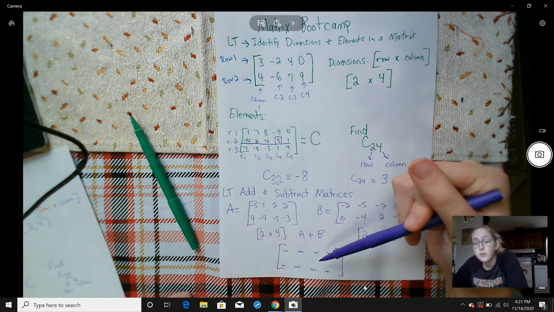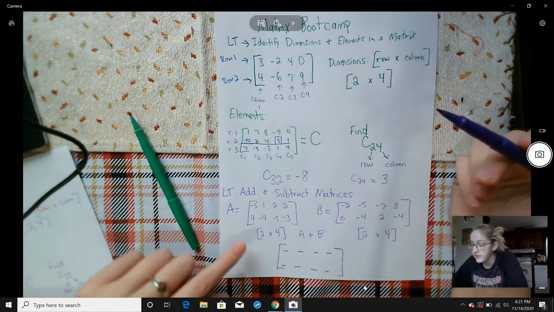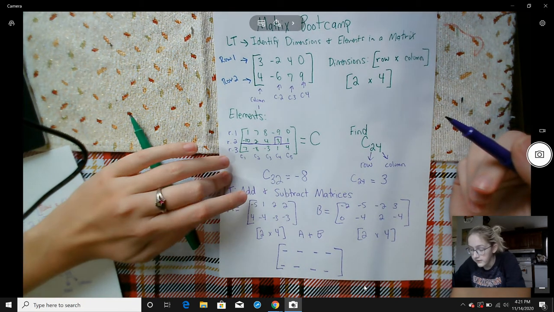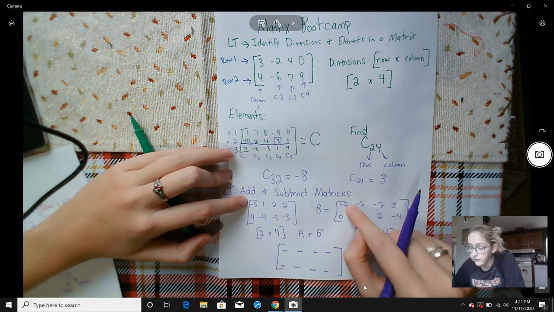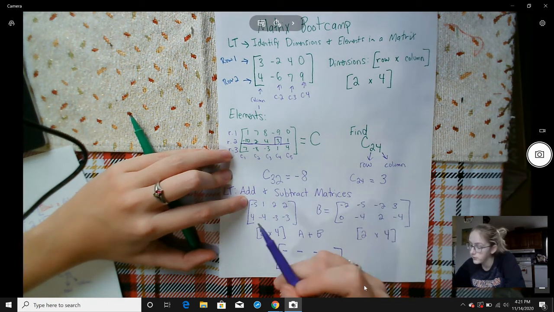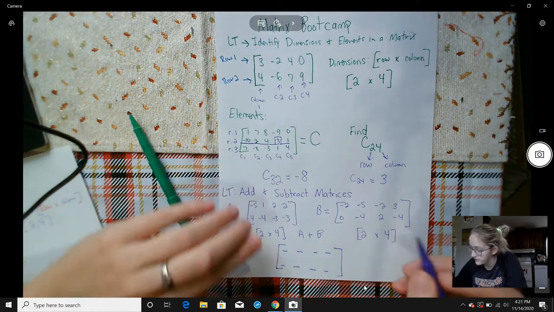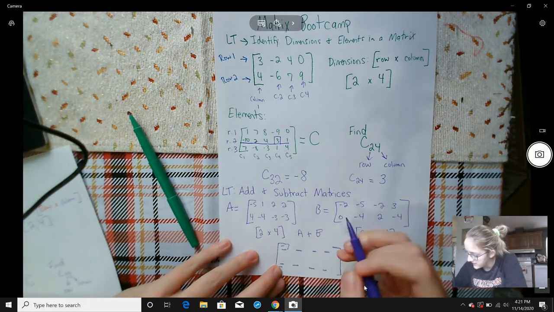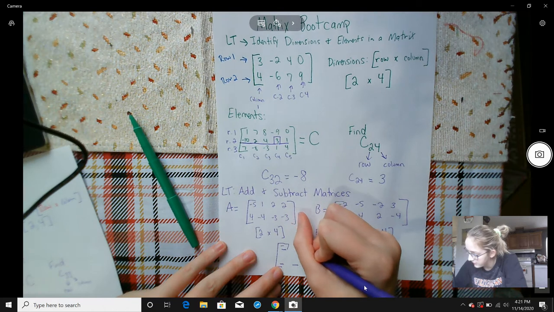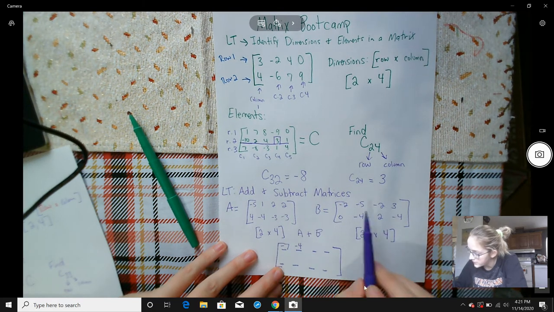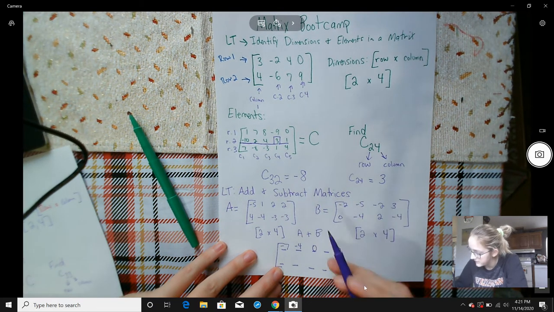So the way adding works is we're just going to go element by element. So the first number in the first row, first column is going to be added to the number in the first row, first column in the other matrix. So we're going to have -5 plus -2. That's going to give us -7. 1 plus -5 is going to give me -4. 2 plus -2 is going to give me 0.